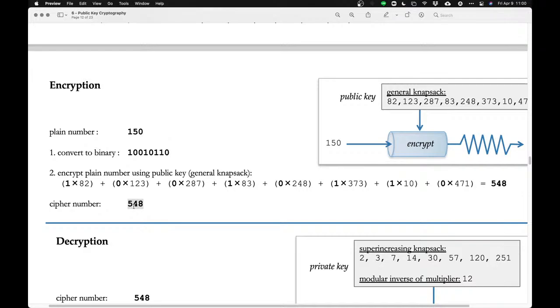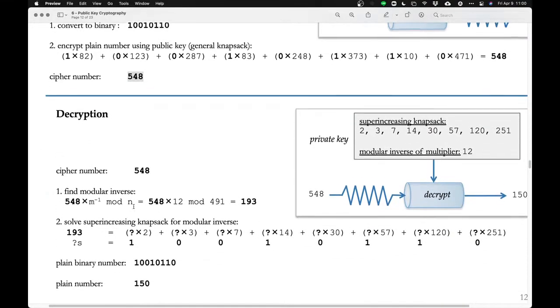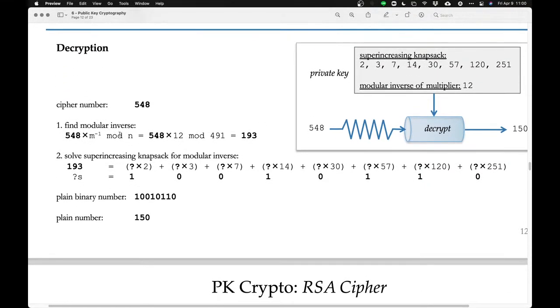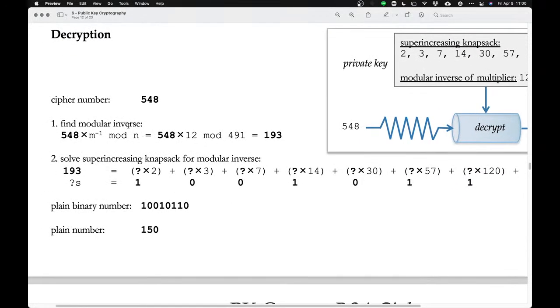How do you decrypt it? To decrypt it, you take the private key, which is the super increasing knapsack and the modulo inverse, and you once again have to find a modulo inverse of the number 548.